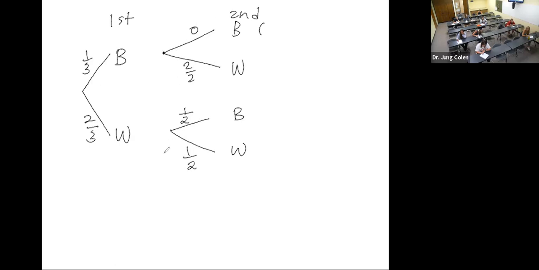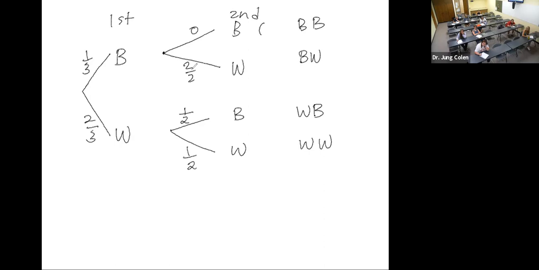Okay? So now let's look at all the outcomes from first to second. First and second together we can put BB, which means first ball is black, second ball is black. First ball is black, second ball is white. First ball is white, second ball is black. First white, second white. Let's use our common sense for now before we calculate anything. You drew the first ball black, and can the second ball be black?